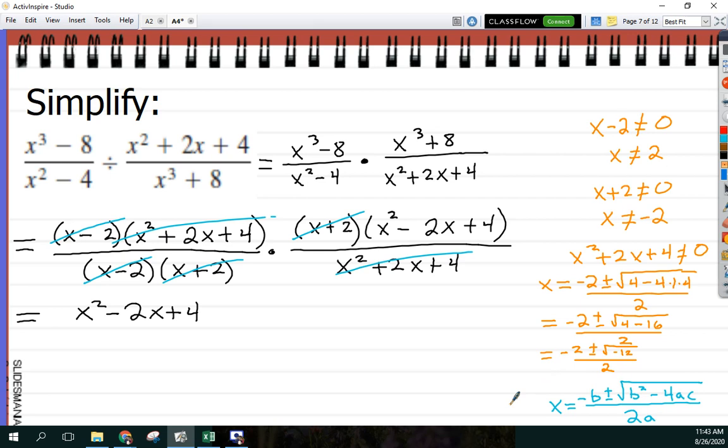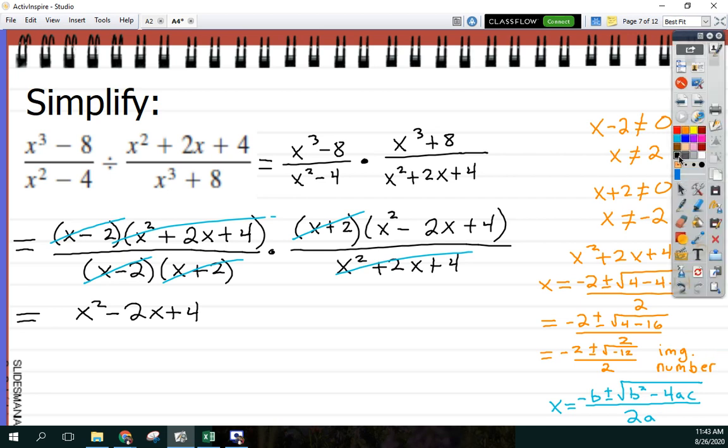Hopefully at this point we can see that we have a negative underneath our radical, which, if we recall back to Algebra 2, I know it's been a little bit, means that it's going to be an imaginary number. For us, we don't have to worry about that, because when we're looking at restrictions, we only want to look at our real number restrictions.